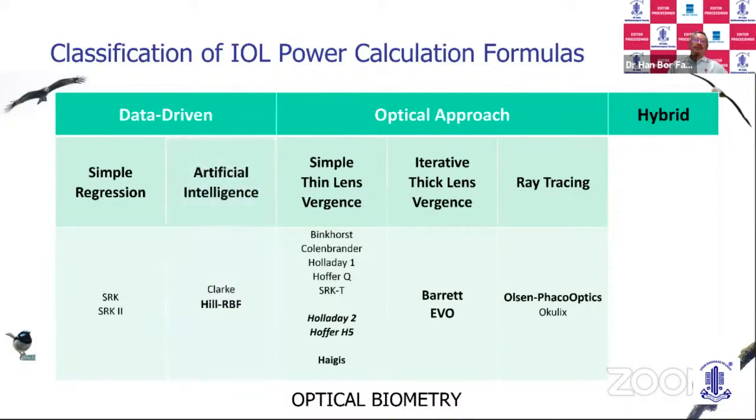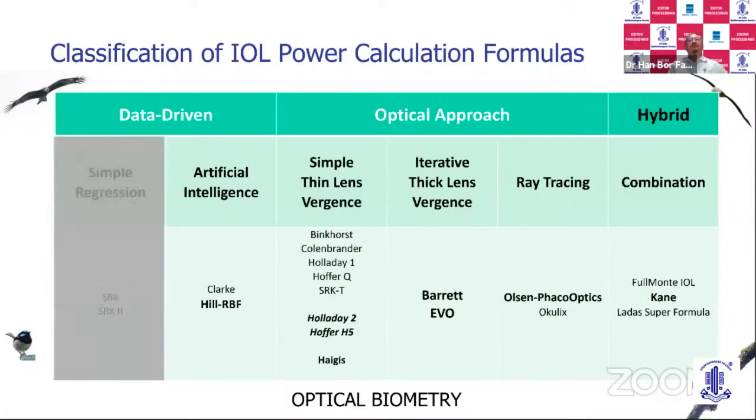And of course, artificial intelligence such as the Hill RBF, and of course, the combinations of optical as well as artificial intelligence. The reality is that the line between all these modern formulas is not distinct, because there's quite a bit of overlap between optics as well as artificial intelligence.